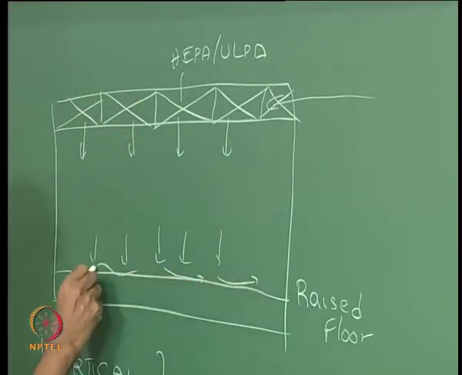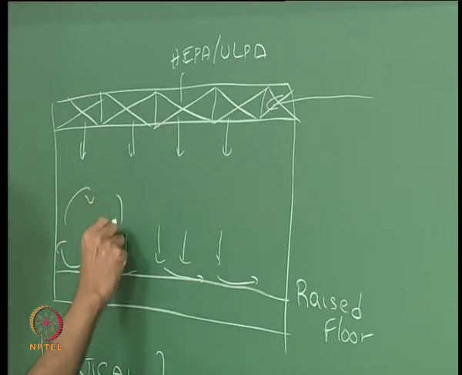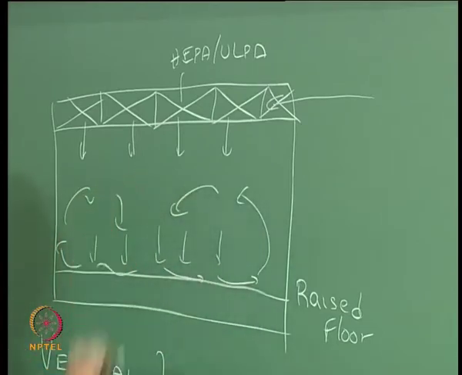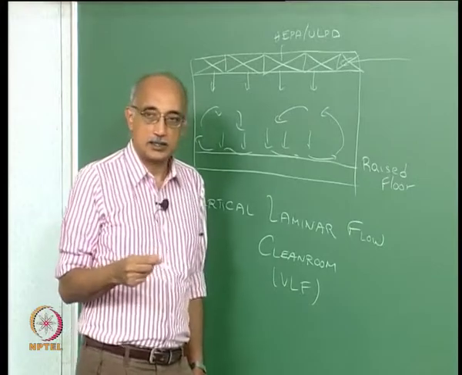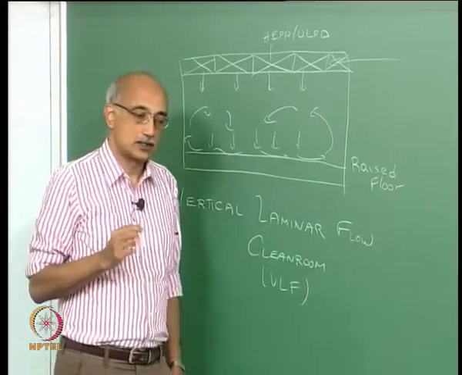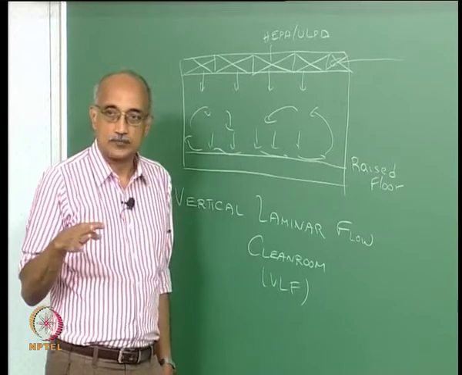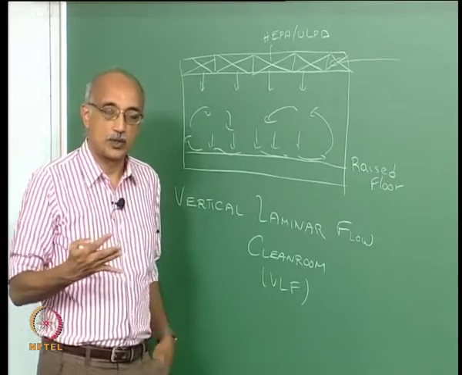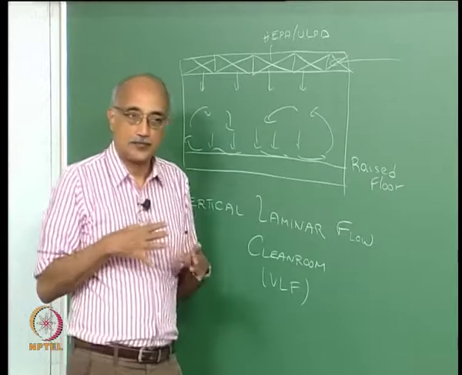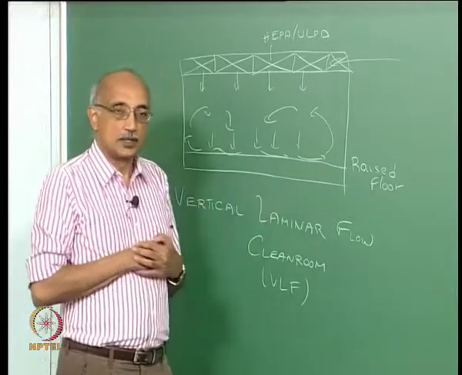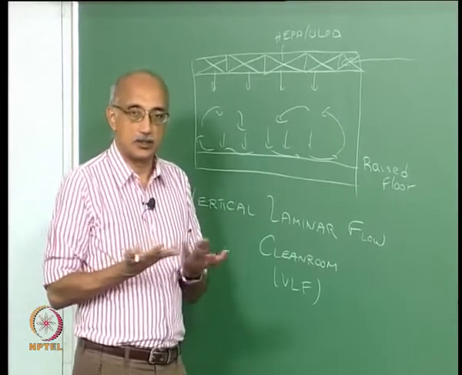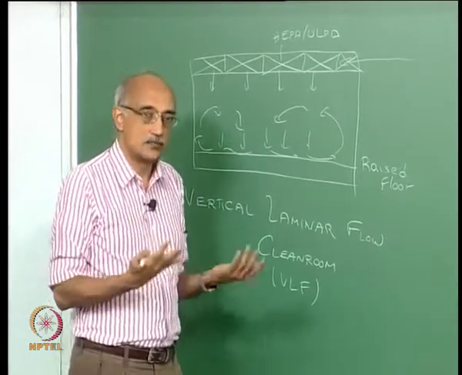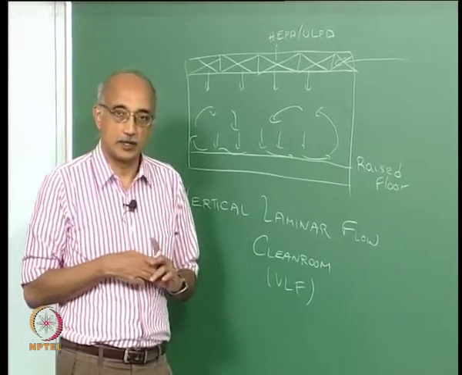So, you are going to start getting some recirculation, convection rolls and all that, which is not good, because in a clean room what you want to avoid is such phenomena as natural convective flows, convection rolls and so on, because they extend the residence time of particles inside the clean room, and the longer the residence time of particles, the greater the probability that they will deposit on critical surfaces and cause yield losses and reliability failures and so on.